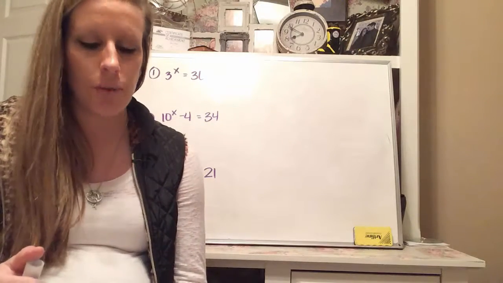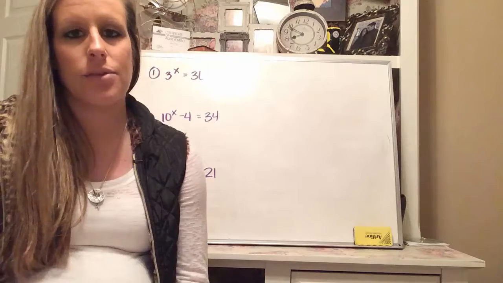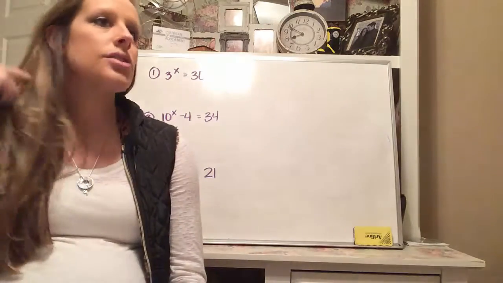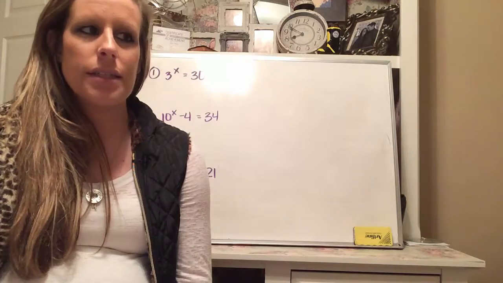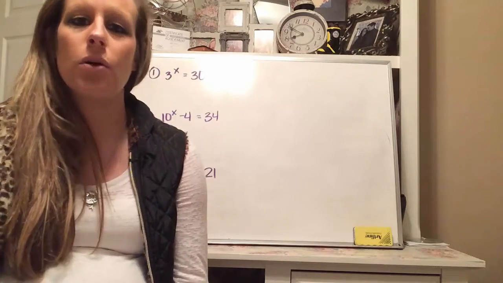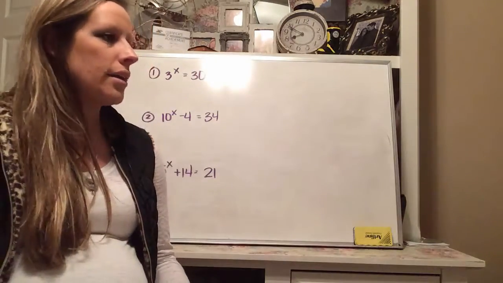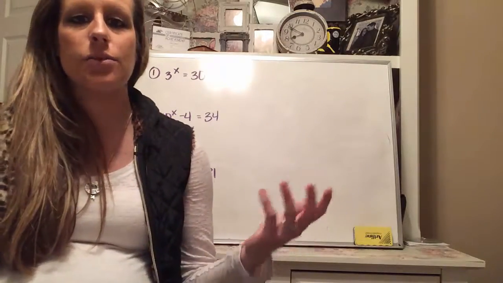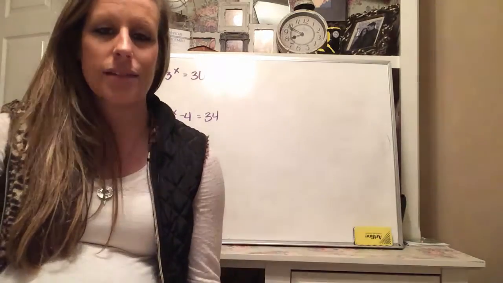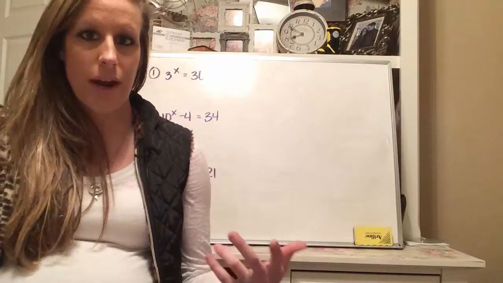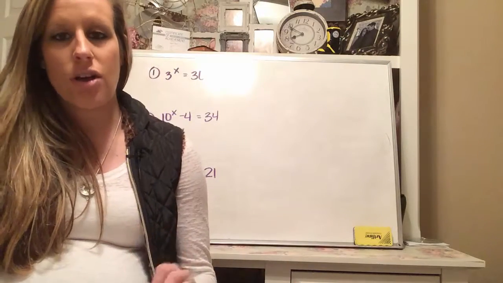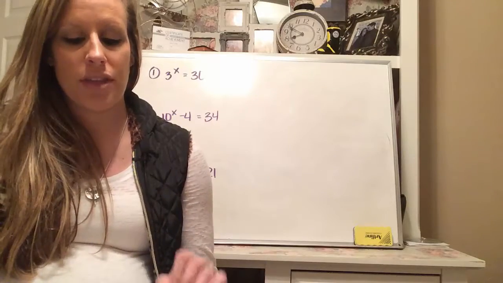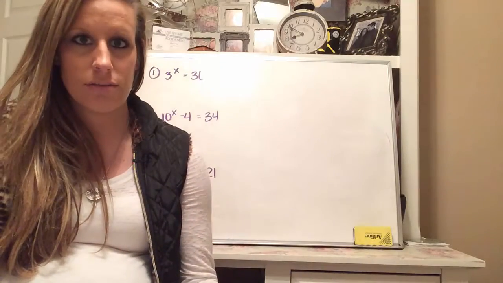Alright, so let's look at number 1. We have 3 to the x equals 30. We use this method whenever it isn't a whole number. If we have 3 to the x equals 9, that's easy. x equals 2 because 3 squared is 9, right? There's not a whole number exponent that would give you 30 in this case.